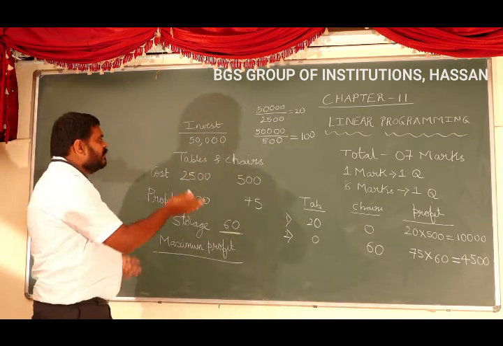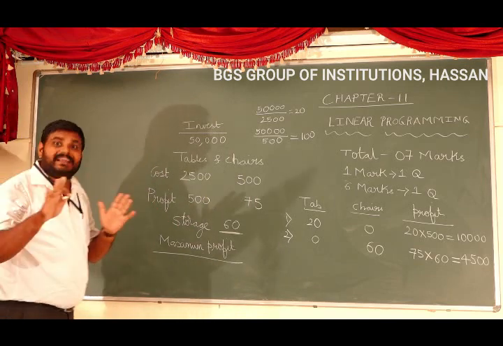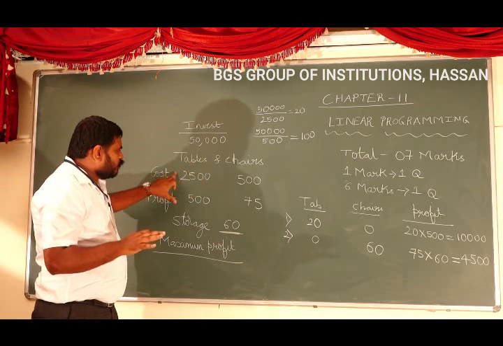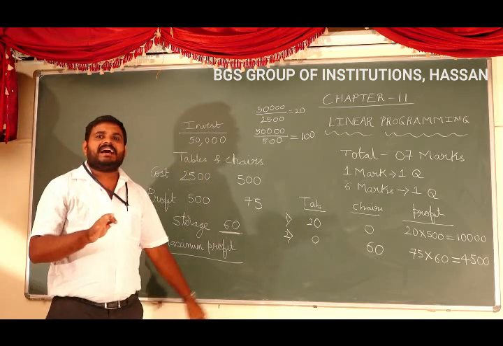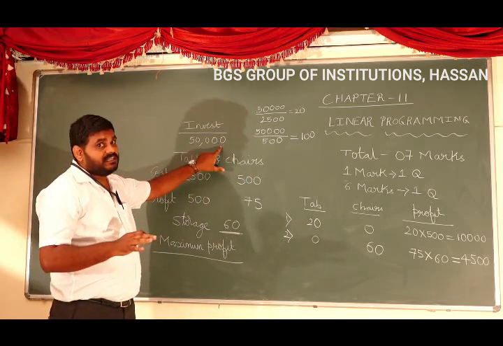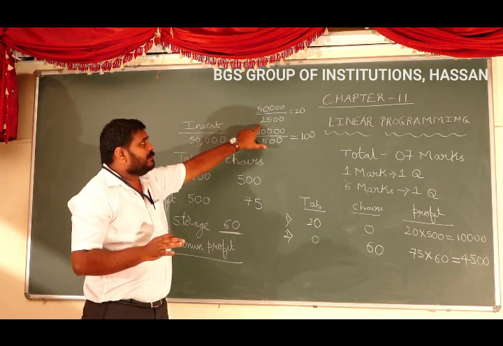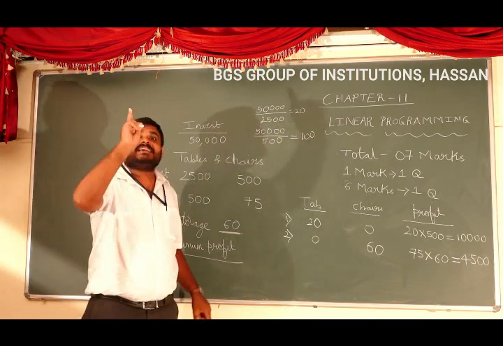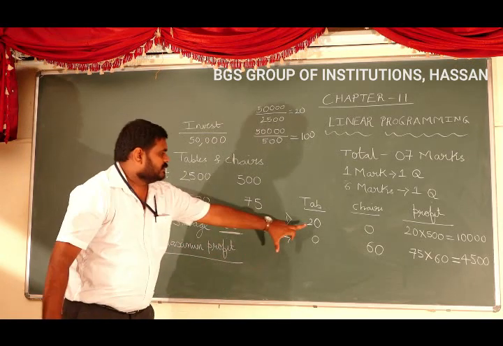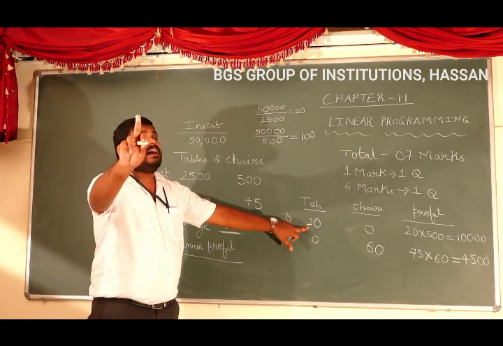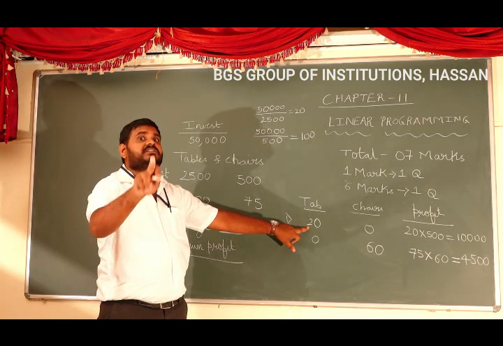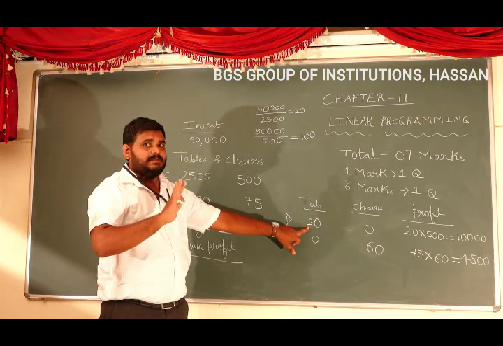First, let us think that he will buy all the tables from the amount he has. Now, each table costs 2,500 rupees and he is having 50,000. Now, 50,000 divided by 2,500 is 20, which means he can buy 20 tables. But he can't buy any chairs because he is having only 50,000 and those 50,000 is invested in tables.